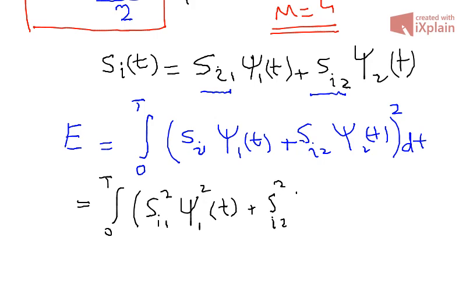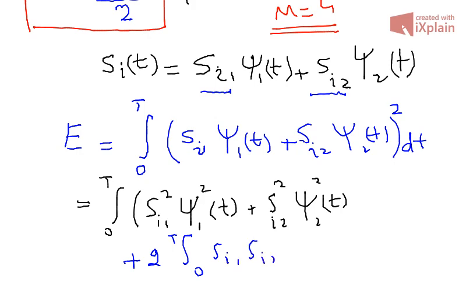plus s_i2 squared psi2 squared of t, plus 2 times the integral from 0 to T of s_i1 s_i2 psi1 of t, 2 times a and b, right? psi2 of t, and this is dt.